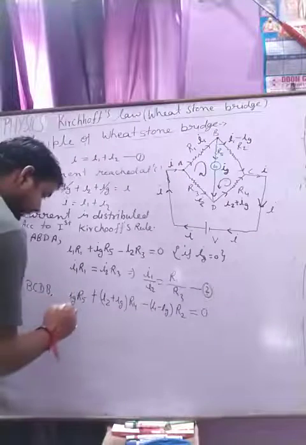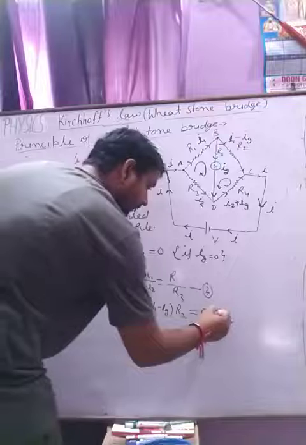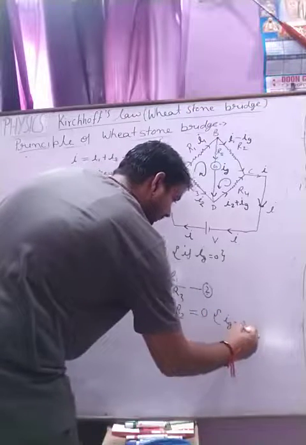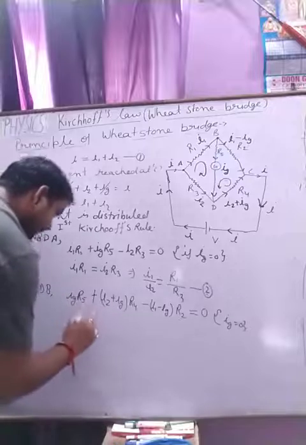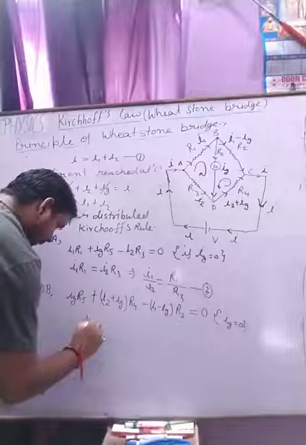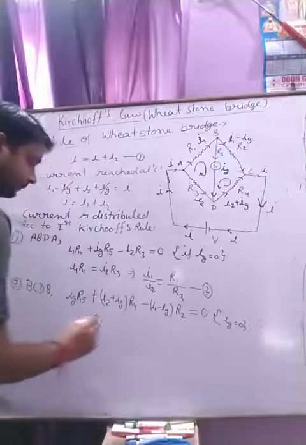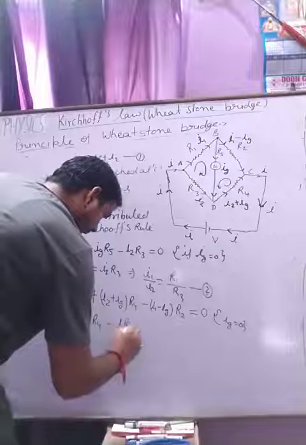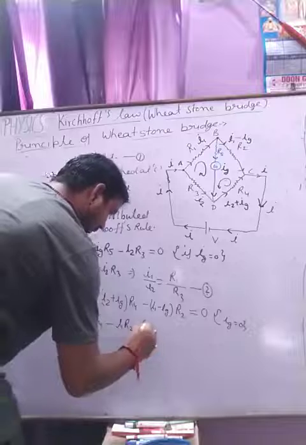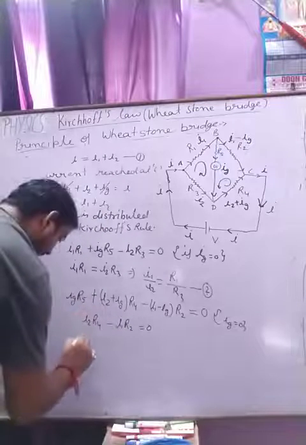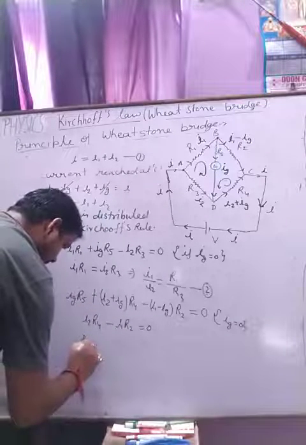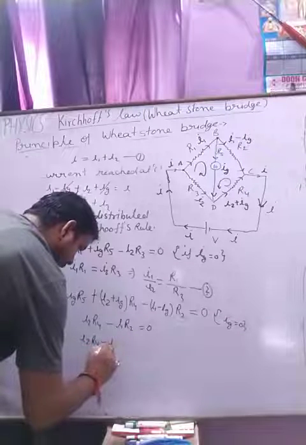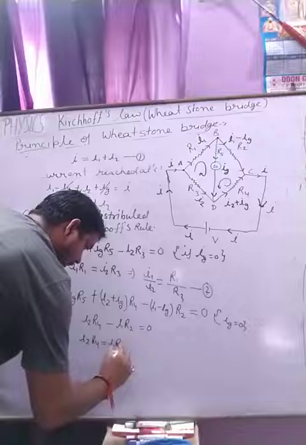On solving this by using Ig equal to 0, we get I2 R4 minus I1 R2 equal to 0. So I2 R4 equal to I1 R2.